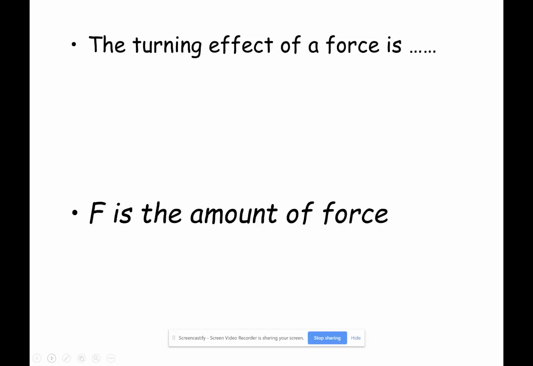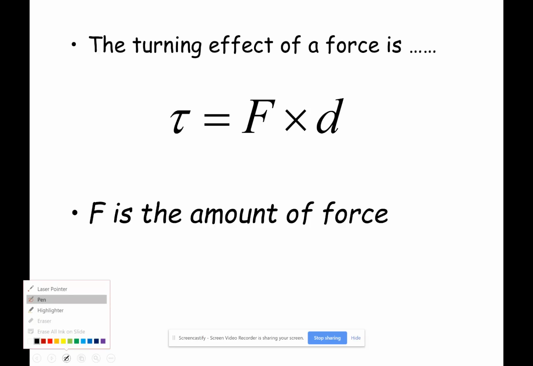So the turning effect of a force is, there's your equation. This little funky looking T here is called tau. It's a Greek letter. And your equation is just force times distance. F is, of course, the amount of force, which is measured in what unit?